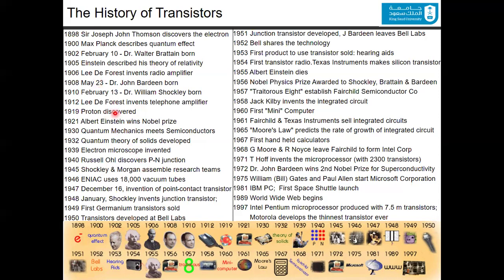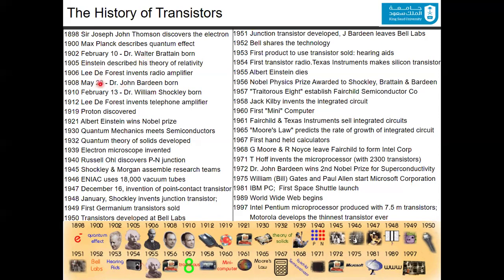But here we want to focus on three scientists: Dr. John Bardeen and Dr. William Shockley, and also Walter Brattain, who is basically the supervisor of those two doctors. Those three are the ones responsible for building the first transistor ever.